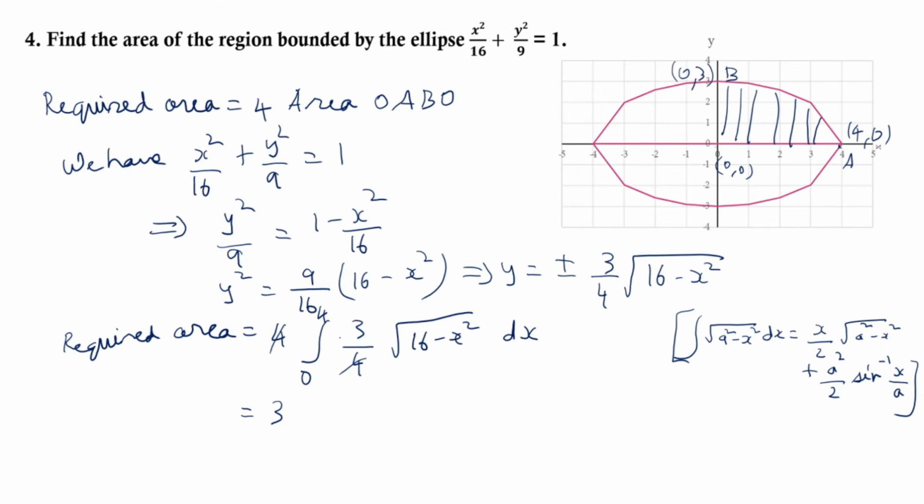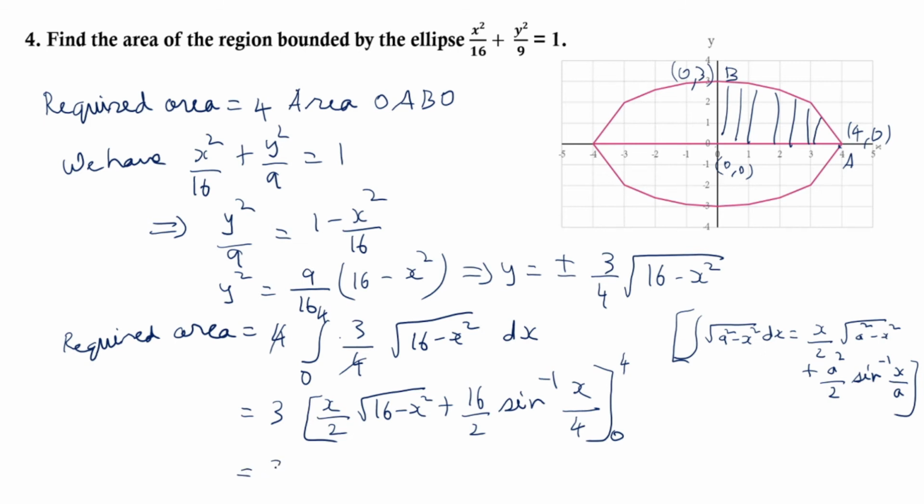So this is equal to x by 2 into root of 16 minus x square plus a square, which is 16 by 2, sine inverse of x by 4, from 0 to 4.